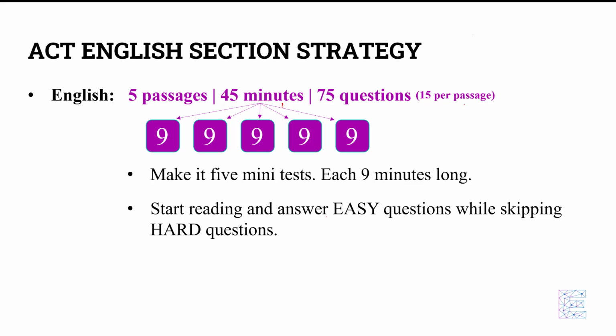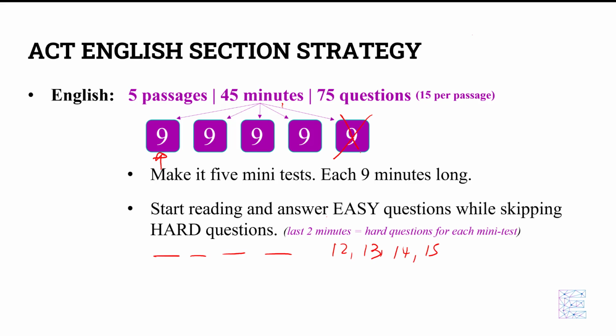What I have unfortunately seen some students do is they will read the first passage and work through the questions, get to the 12th, 13th, 14th, and 15th question, and they spend so much time on these last 4 questions that it eats up all the time they would need then to answer the last 2 passages. So they only really look at the first 3 passages and leave a lot of points on the table.